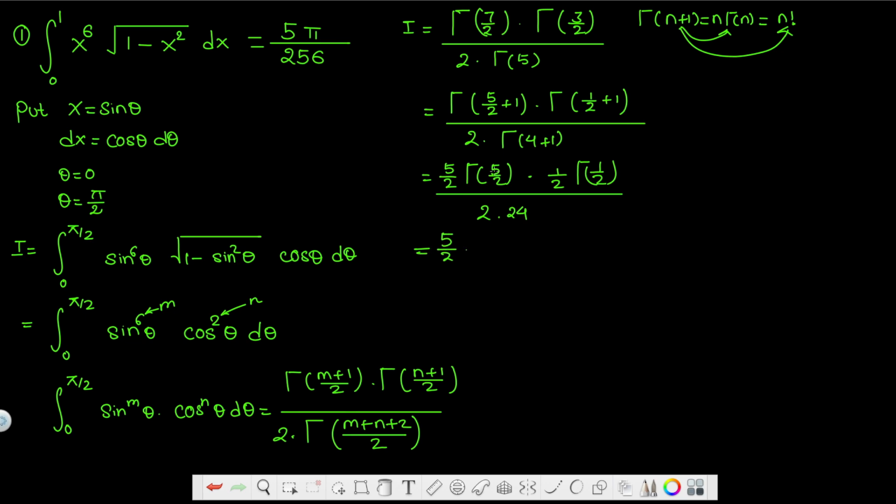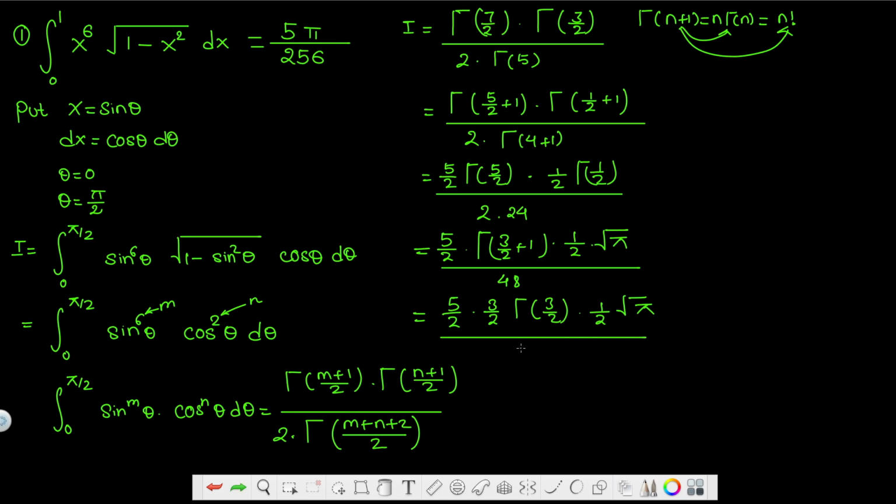So this is 5 over 2 times gamma 5 over 2, which is the same as gamma of 3 over 2 plus 1, times 1 over 2 times the square root of pi, over 2 times 24, which is 48. That equals 5 over 2 times 3 over 2 times gamma 3 over 2.